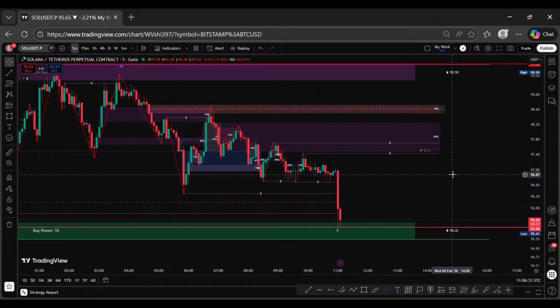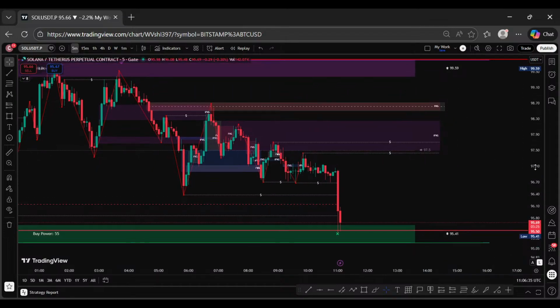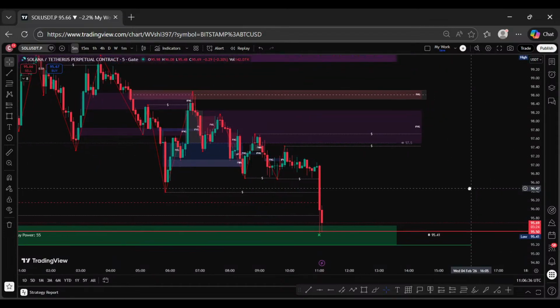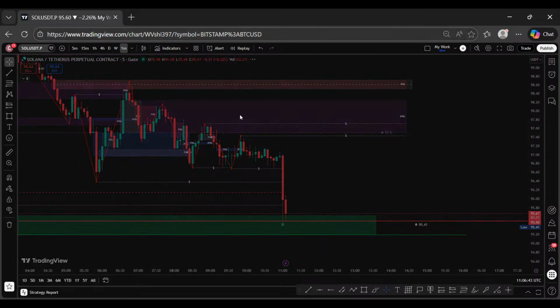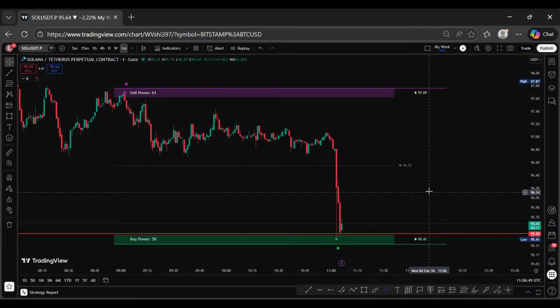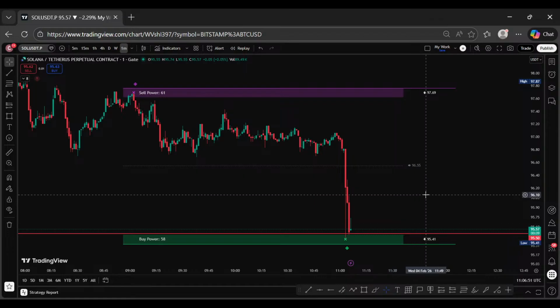So right now SOLUSDT is at the support area, so let it be confirmed. One more time we need a confirmation on the 1-minute time frame. Let me check it out. Okay, so it's almost there. So right now there's an entry, guys.